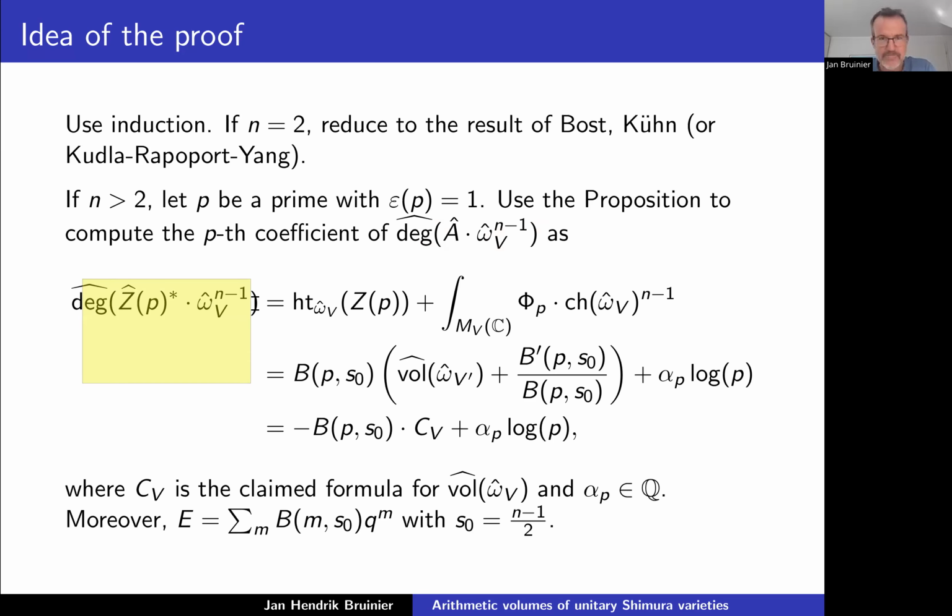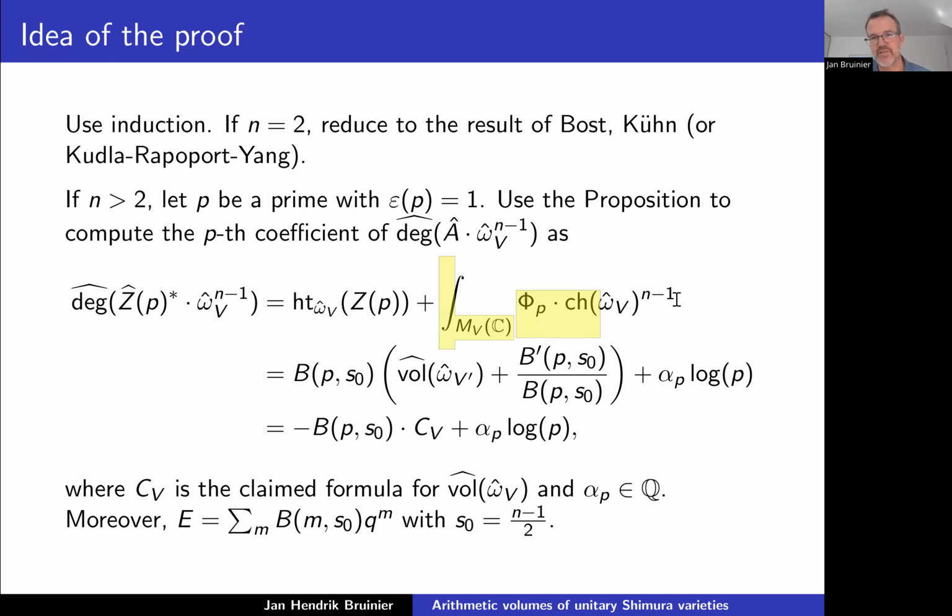Well, we have to compute this intersection here, and this intersection can be computed by taking the height of the Kudla-Rapoport divisor ZP with respect to the Hermitian line bundle omega hat for V, plus the integral of the Green function for the Kudla-Rapoport divisor.